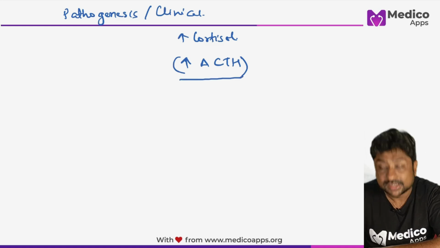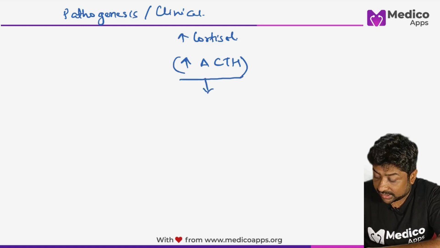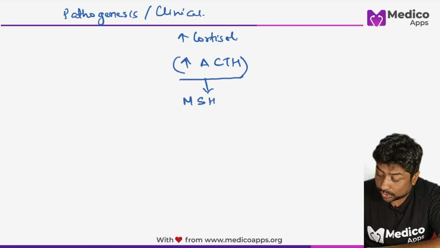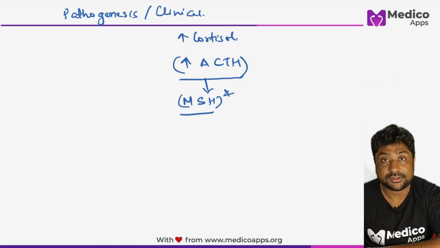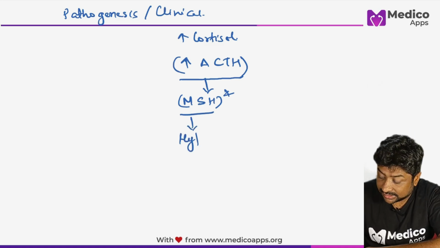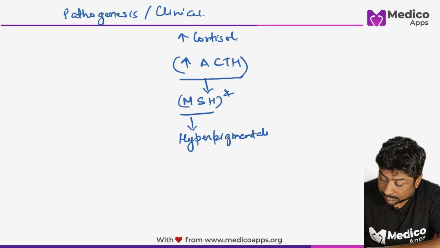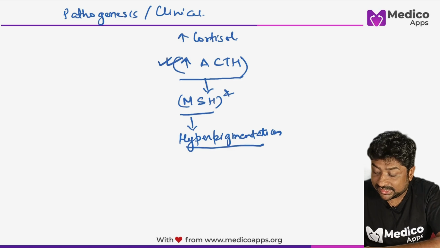Let's discuss this because this is easier. Adrenocorticotropic hormone also acts on the melanocyte stimulating hormone receptors, and this leads to hyperpigmentation. So in all those cases where ACTH level is increased, you will have hyperpigmentation.